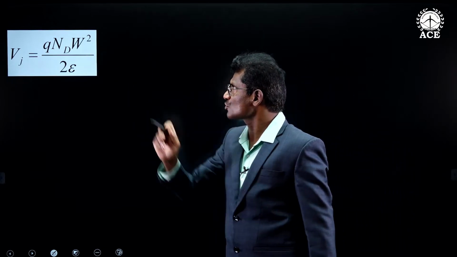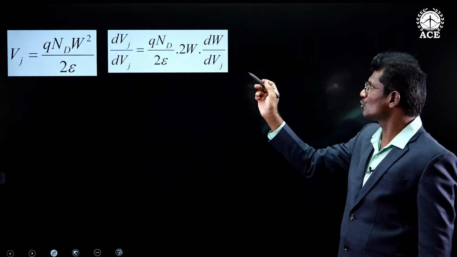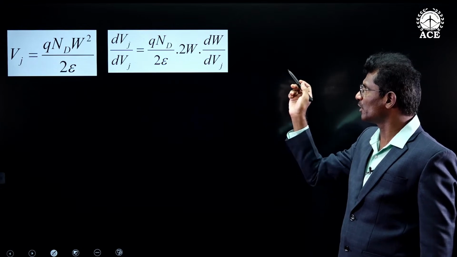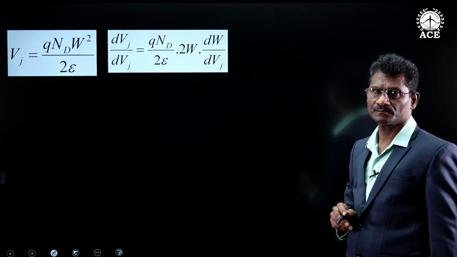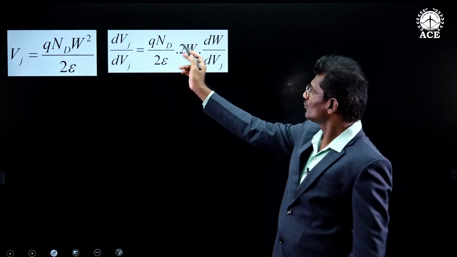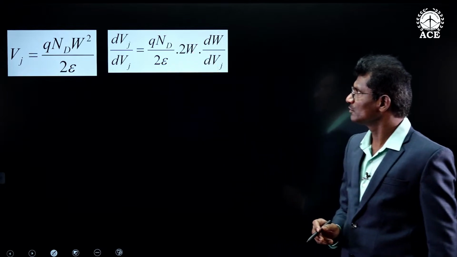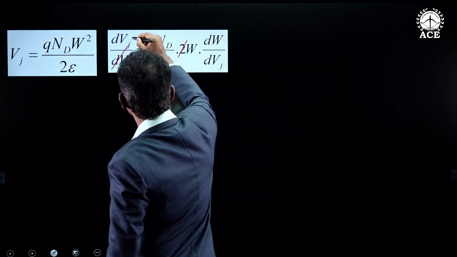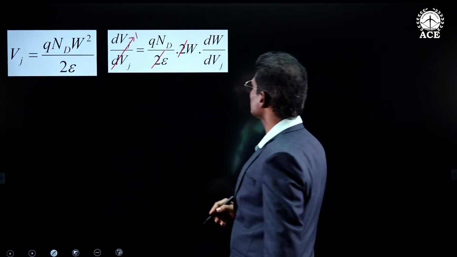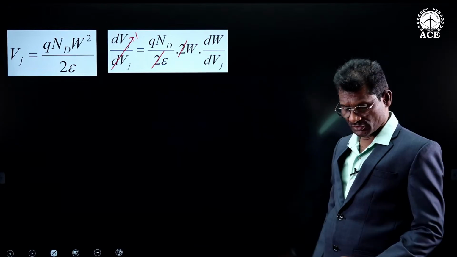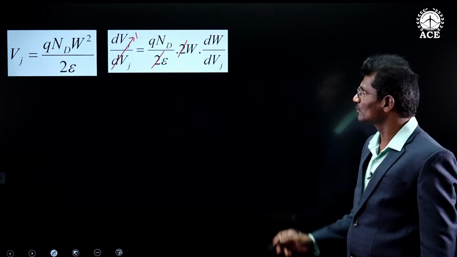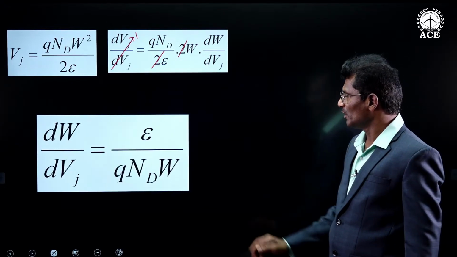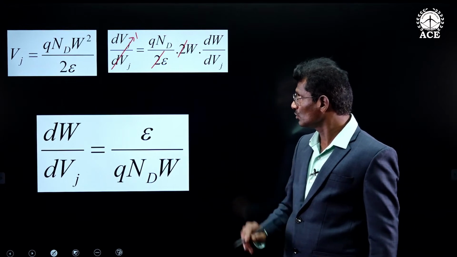This W square will become 2W into dW by dVj. If 2 is cancelled out, then let us see what we get. dVj by dVj is 1. So from this dW by dVj comes out as epsilon by Q Nd into W.